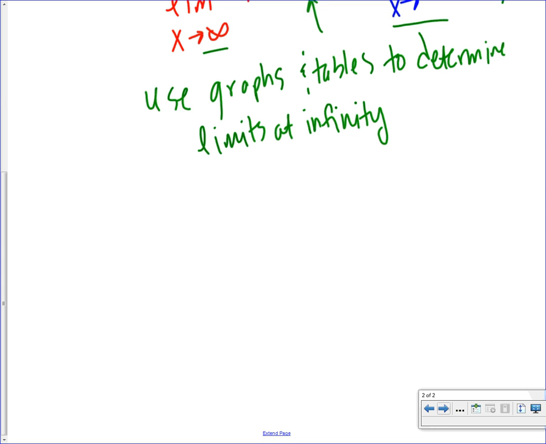In your textbook, go to page 71, to figure 2.11. How do you need to set your table in order to determine a limit at infinity?